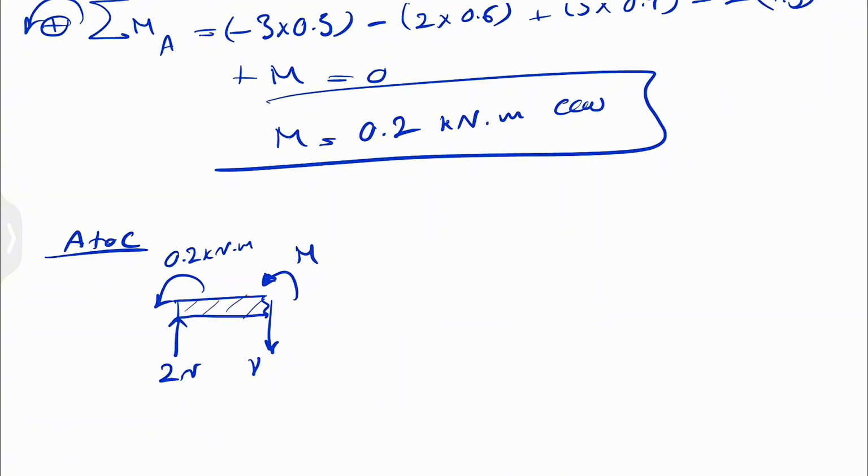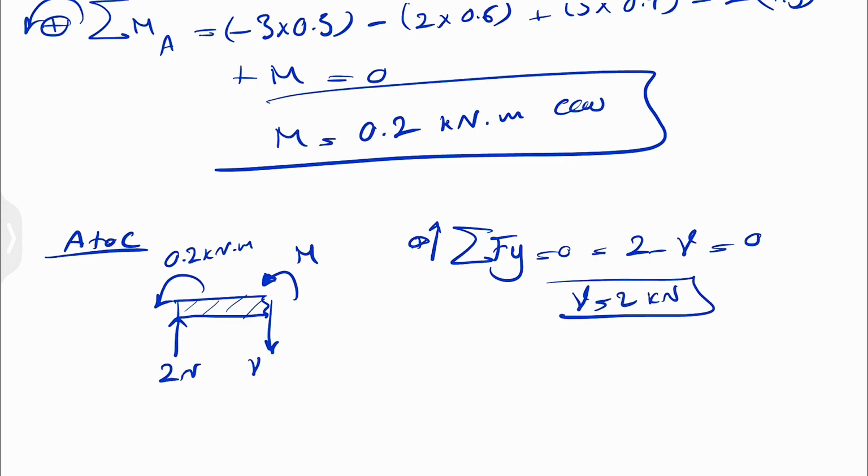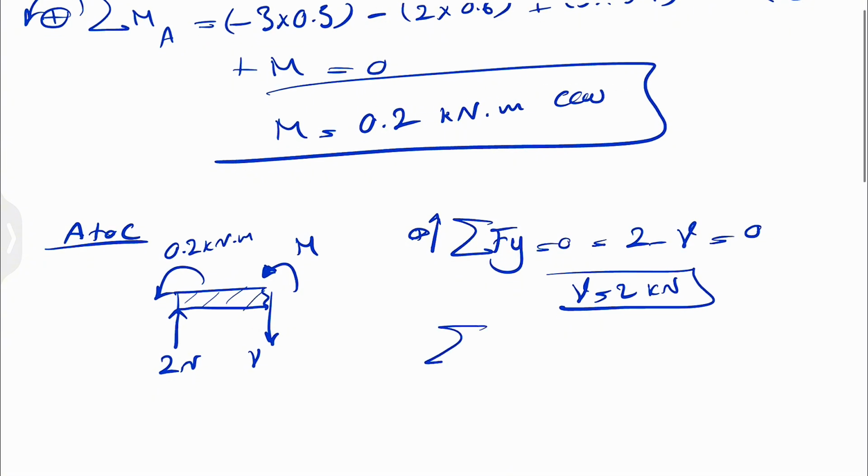And this is 2 kilonewtons. All right, so we do the sum of all forces in y again equals 0. This is going to be a positive y. So we have 2 minus V equal to 0. V is 2 kilonewtons. And if we just do the moment about this point, we can call it J, we know this distance is x.